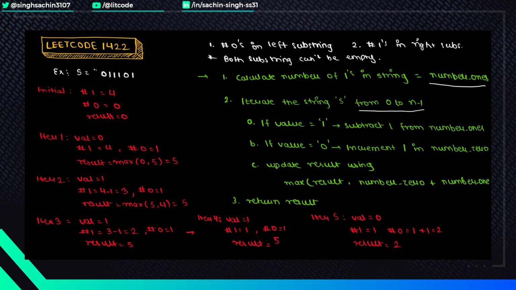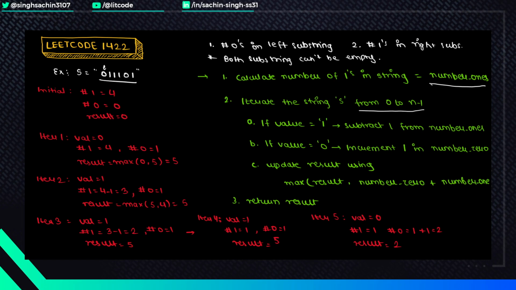So basically what if I calculate the number of ones in the complete string and then run a loop, and on the go we check what is the value which we are receiving on the left sub part. So I'm going to calculate the number of ones in the string.